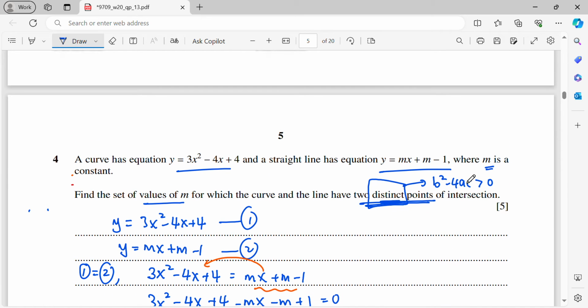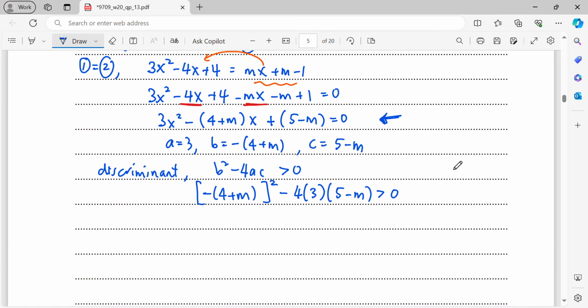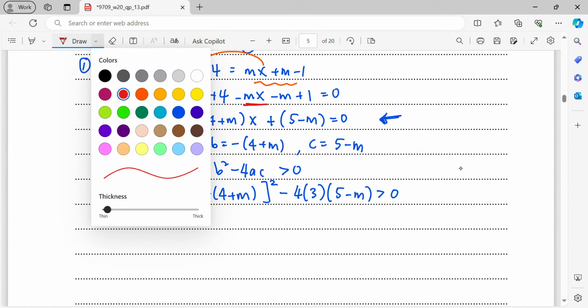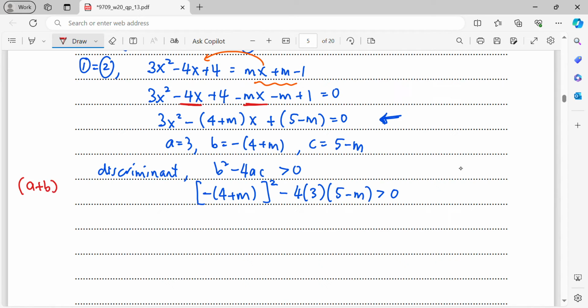And now the final answer is a set, right? Set of values of m. So from here, do expansion first. And now I'm going to expand the quadratic. So (a plus b) squared is going to be a squared plus 2ab plus b squared. Now, first of all, this squared, you bring into the minus, it will be positive.